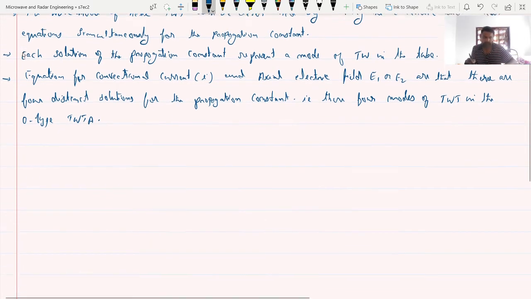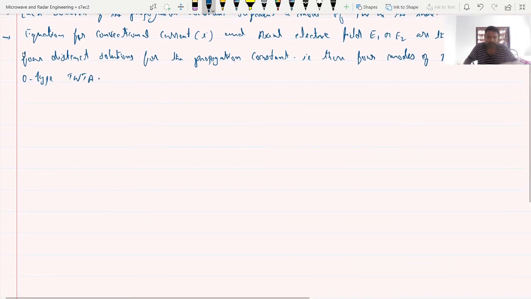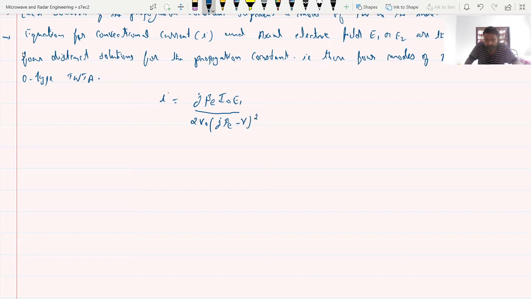So I will take the equation for the conversion current: I is equal to j beta e I naught E1 divided by 2 V naught, times (j beta e minus gamma) the whole square. This E1 can also be Ez.